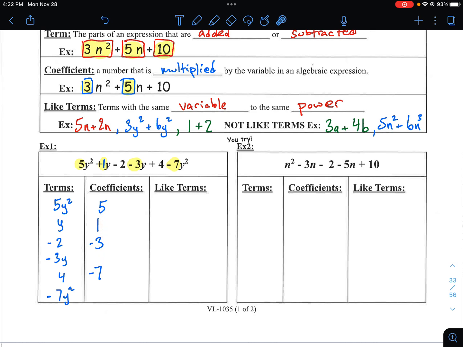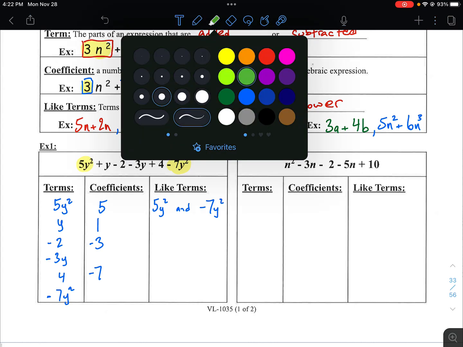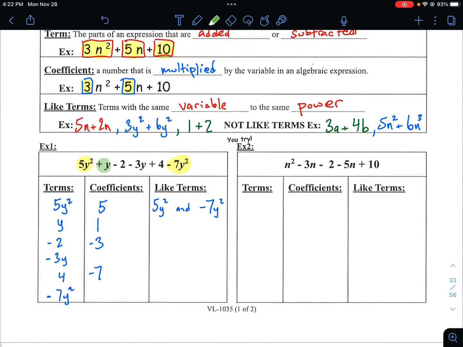And finally, like terms. Do we have any pairs of like terms? Well, let's see, we have 5y squared. Anything go with 5y squared? Well, yeah, this 7y squared, so it's 5y squared and negative 7y squared. Any other like terms? Well, let's use a different color. Is there anything that goes with the y?